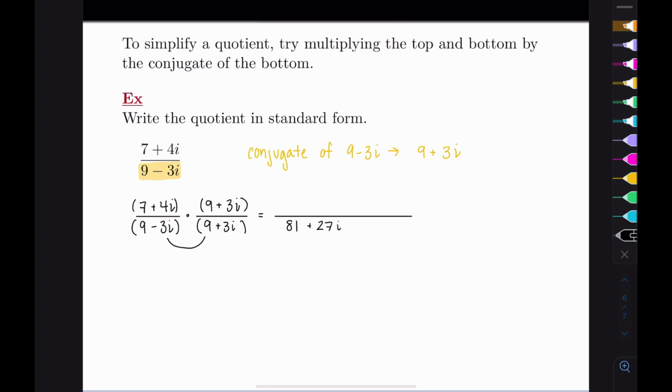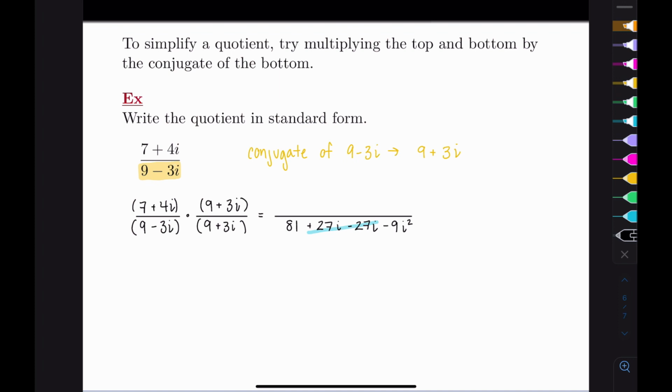When we do the inner, it's minus 27i, which is really nice because those cancel each other out. And then when we do the last terms, negative 3 times positive 3 is negative 9, and the i times i gives us i squared. So in the process of multiplying by the conjugate, we get something that's going to simplify really nicely.